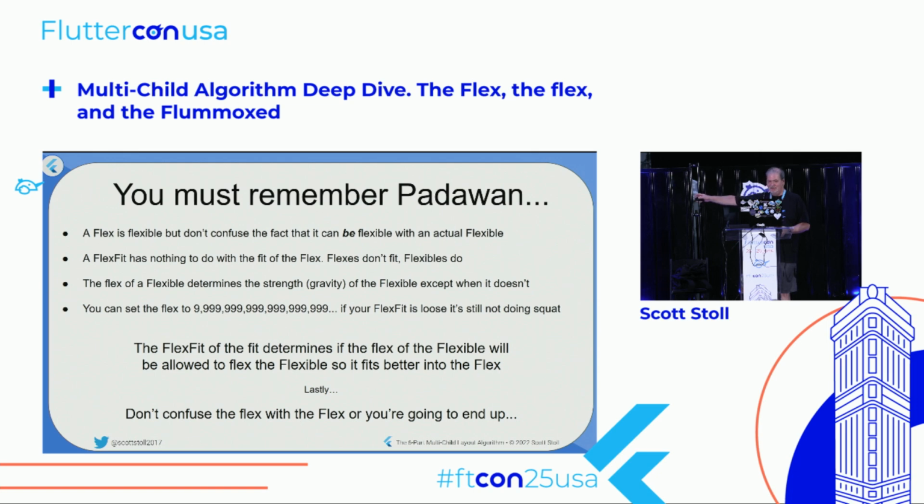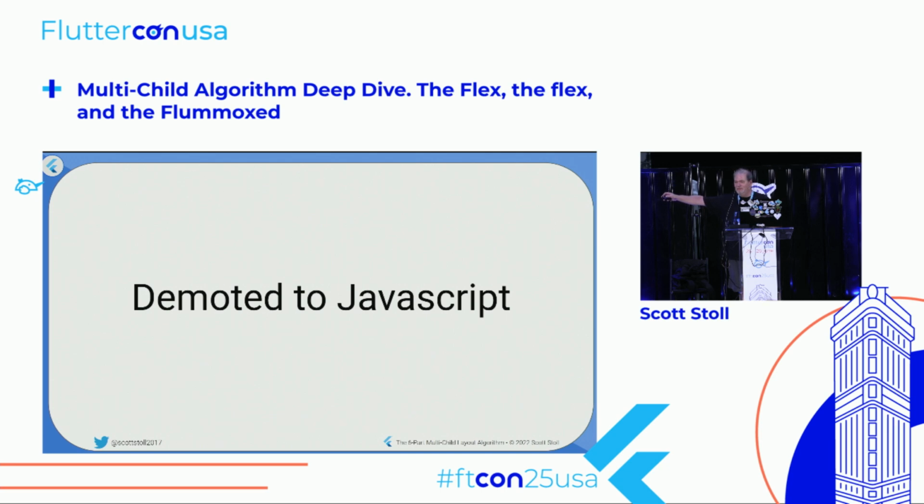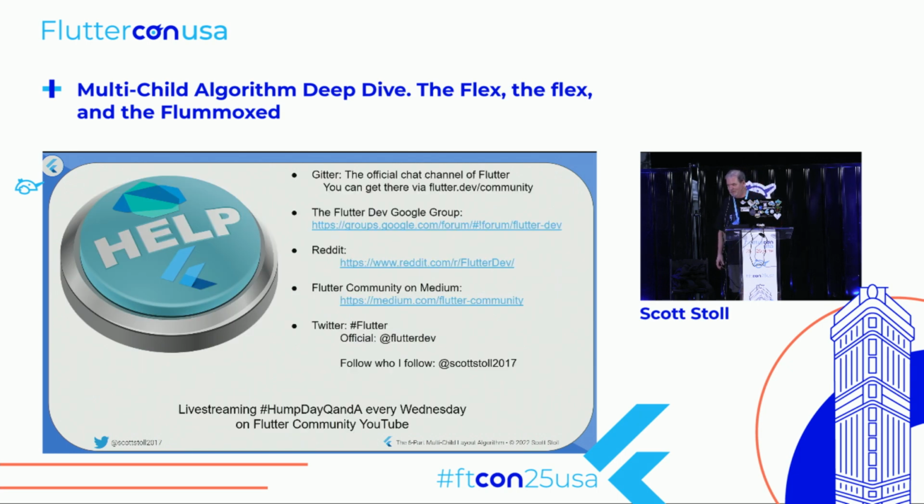If that one makes sense, then I have achieved my goal. Next, don't confuse the flex with the flex, or you're going to end up all right. If you're half as confused as I am after all of that, then you probably need some help.